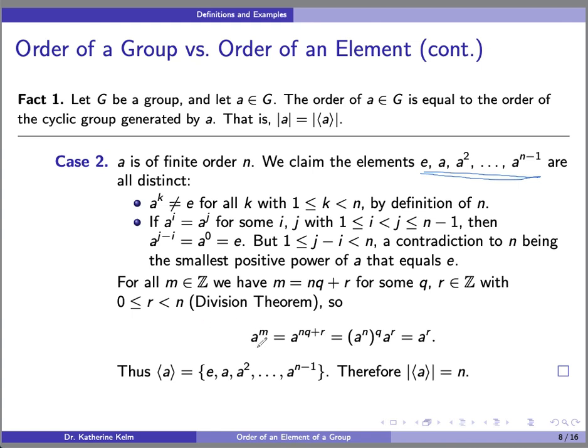And therefore, A to the m equals A to the nq plus r, which is A to the n all to the q times A to the r, which is equal to A to the r, since we know that A to the n is the identity element. Therefore, A to the m is already one of the elements on this list. Thus, the cyclic group generated by A consists precisely of these n elements, and therefore has order n.